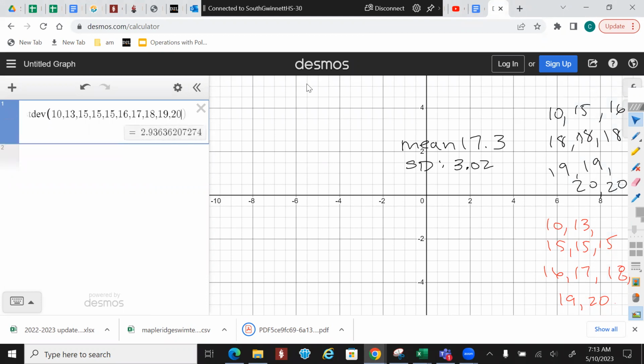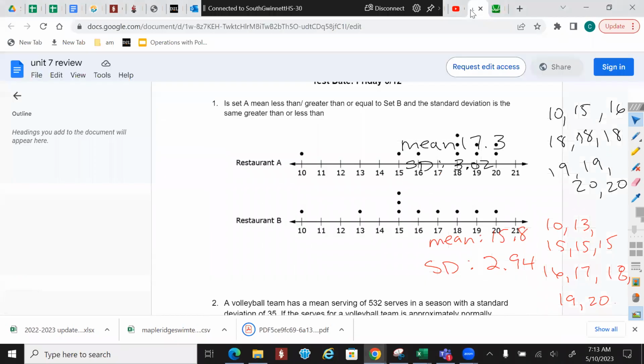So the standard deviation for this guy is going to be 2.94. And then the mean is going to be 15.8. Okay, again, you have to know how to type this in by yourself, no help from me.